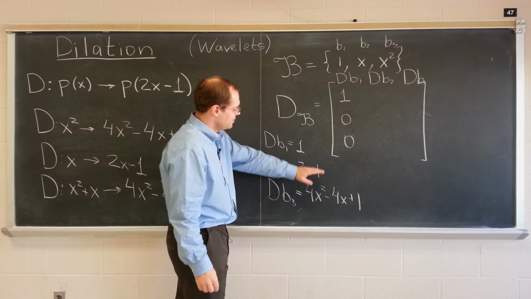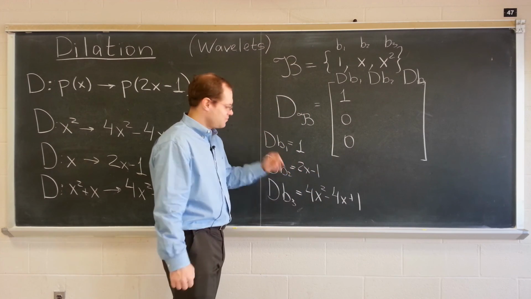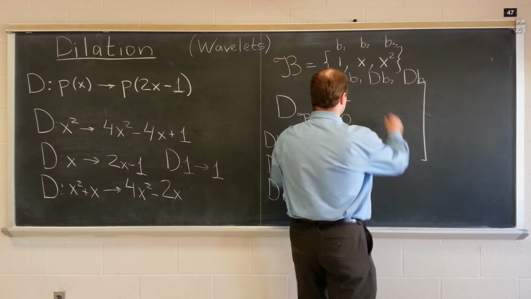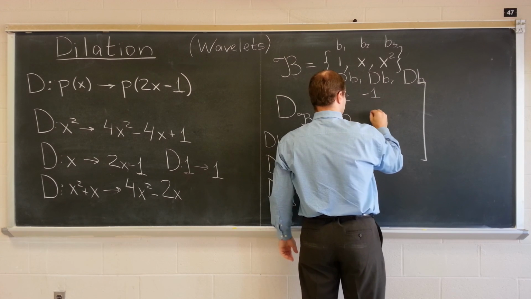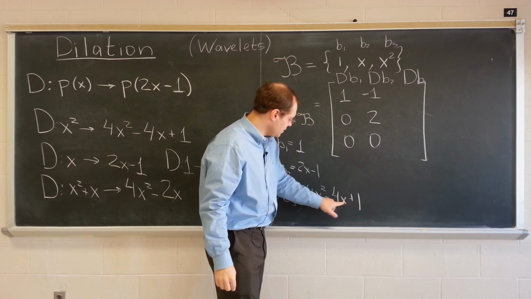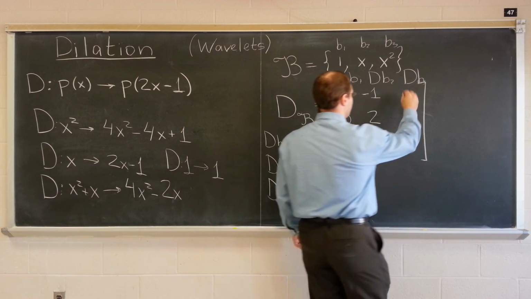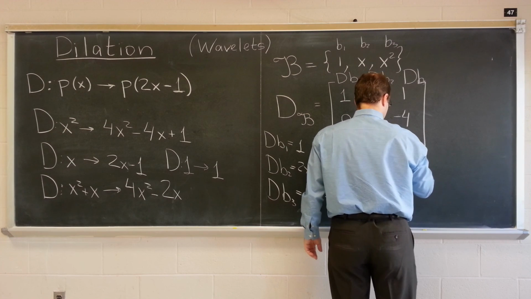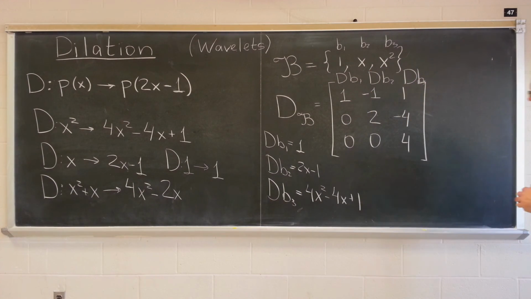This vector or function has components minus 1, 2, minus 1, 2, minus 1, 2. And this one has components 1, minus 4, 4. That's wonderful.